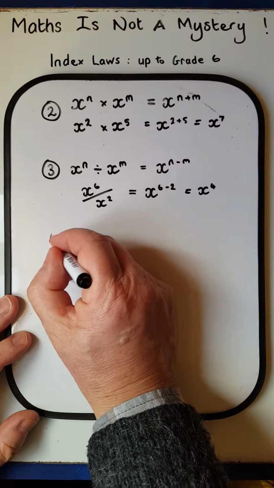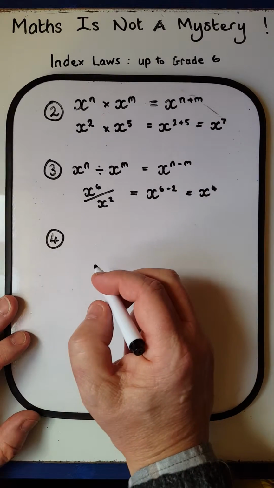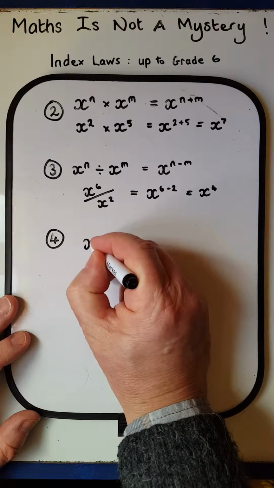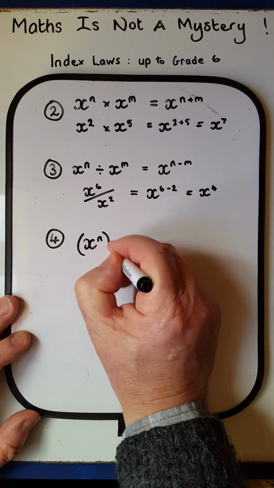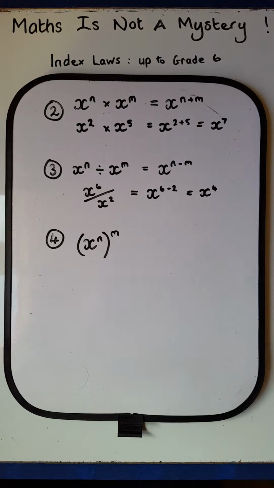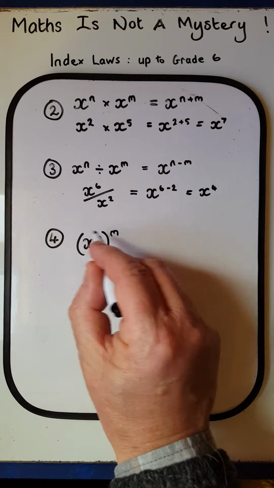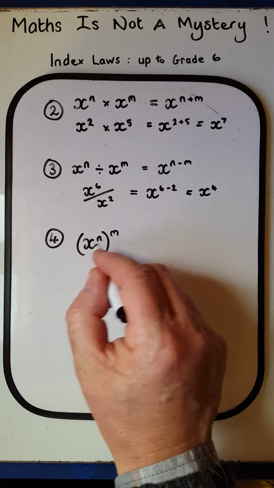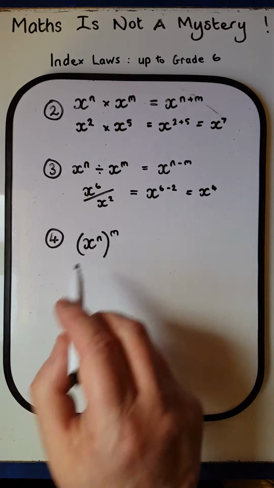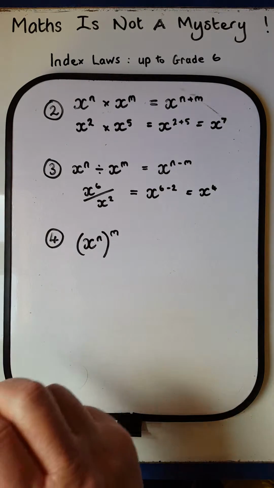If we go to this one, which I'm going to call the fourth rule, this time it's a multiple multiplication, x to the power n in brackets multiplied by the power of m. This is like a mega multiplication. This is already multiplied, x times x times x times x, whatever that number stands for. And whatever it is then multiplied up again by the m number.